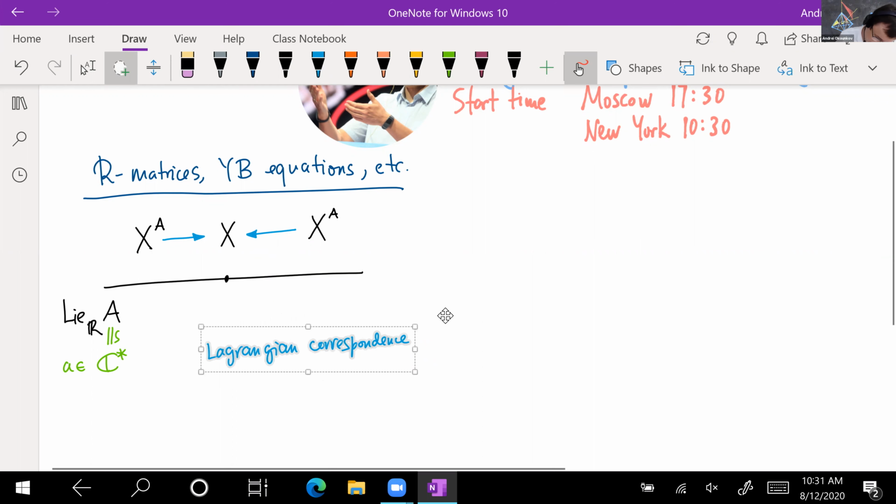This corresponds to the fact that, so I'm going back here. This particular R matrix says here, this is computed.